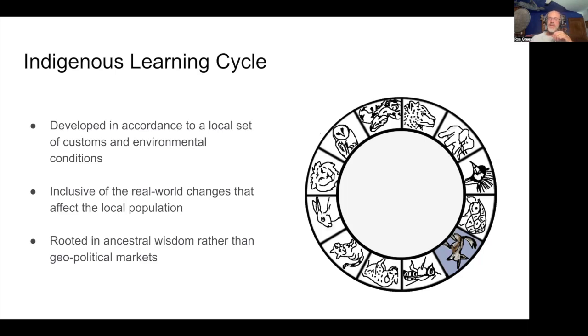The Indigenous learning cycle is also rooted in ancestral wisdom rather than geopolitical markets. It doesn't mean that geopolitics doesn't affect us. It does, but our cycle and our rhythm of development is based on something more rooted in our environment, the air that we breathe, the food that we eat, the people that we commune with, right?